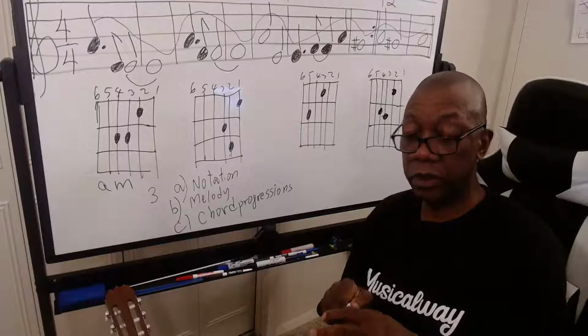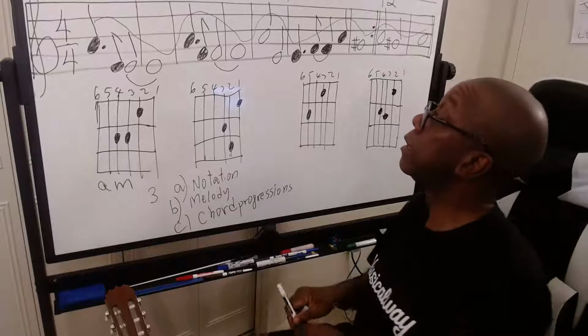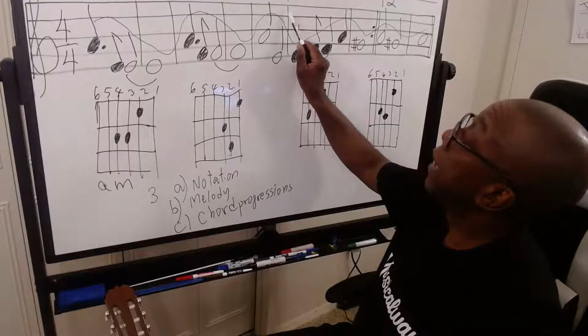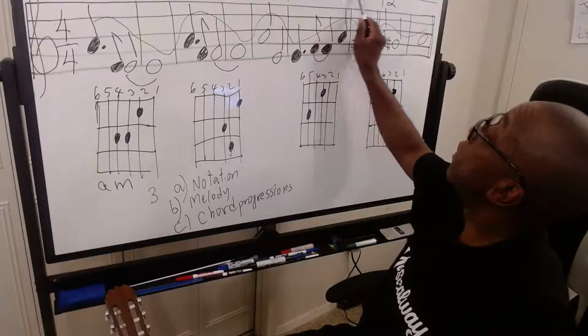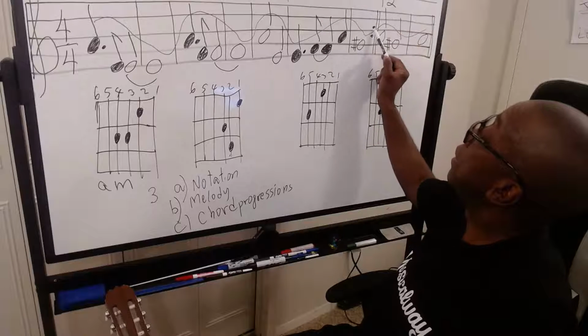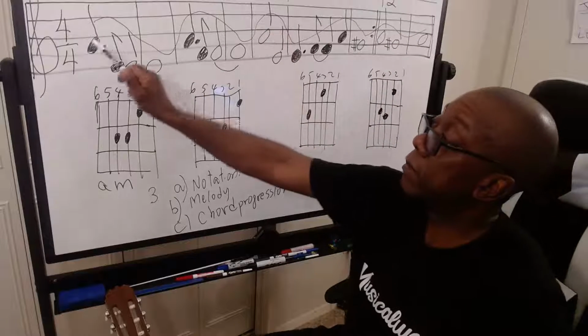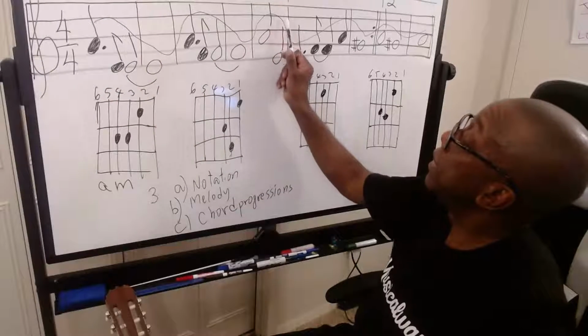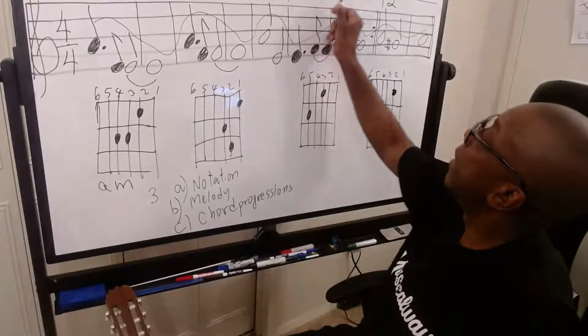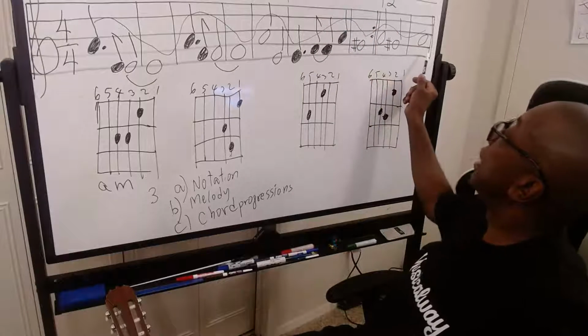Seven measures. Why am I saying that? Because I have a repeat sign. First ending stops here. The repeat goes back to the beginning. When I reach this section here, I skip part one, I go to part two, and that ends.